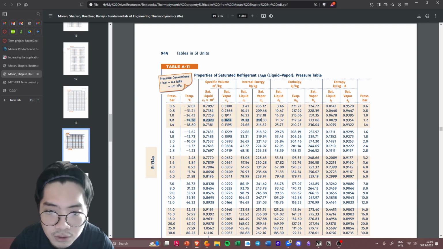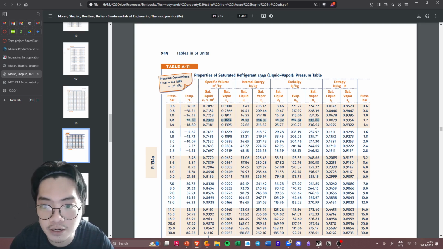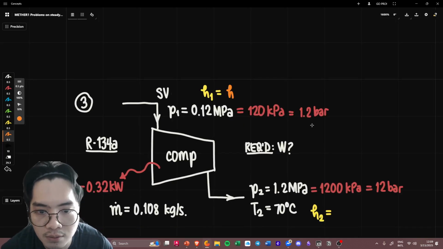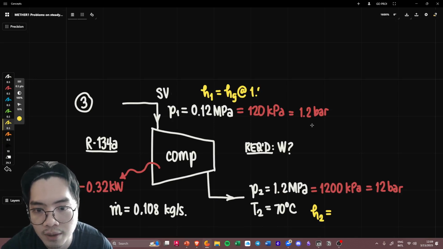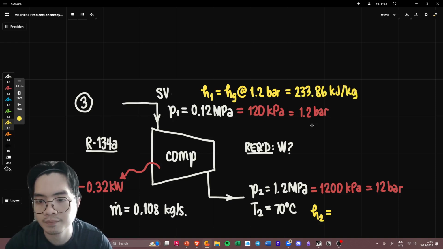So now, what do we actually need? We need the value of Hg, because this is a saturated vapor we're talking about. So that will be 233.86. Hg at 1.2 bar is 233.86 kilojoules per kilogram, right?